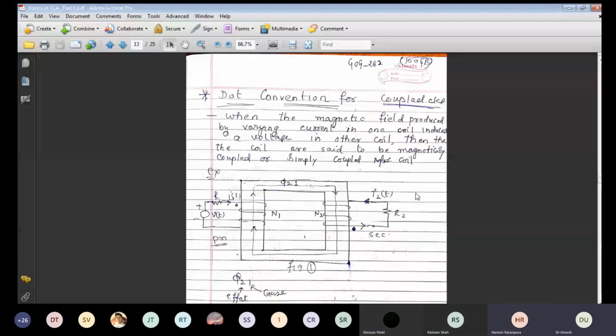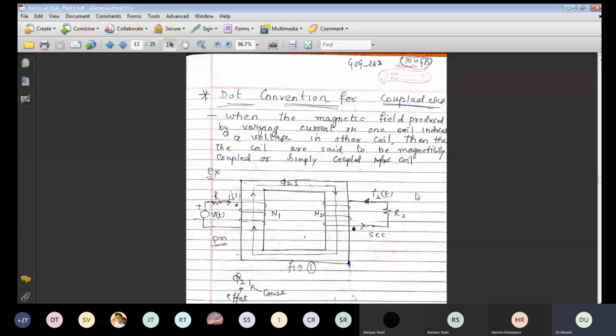Now, today we'll start with the most important point, the dot convention in coupled circuits. In the last lecture we also discussed the magnetic circuit.